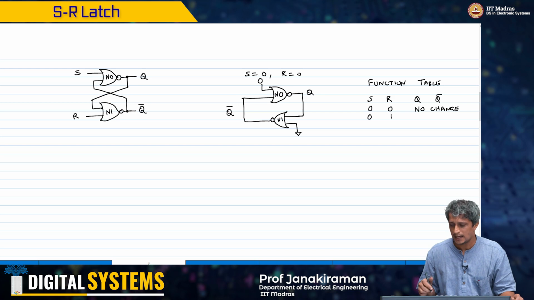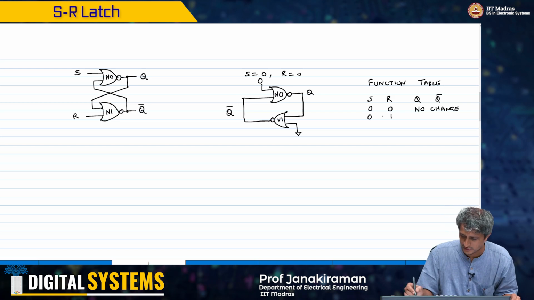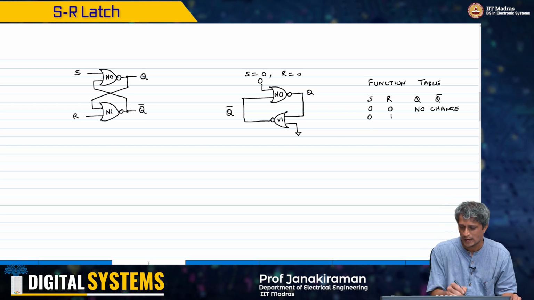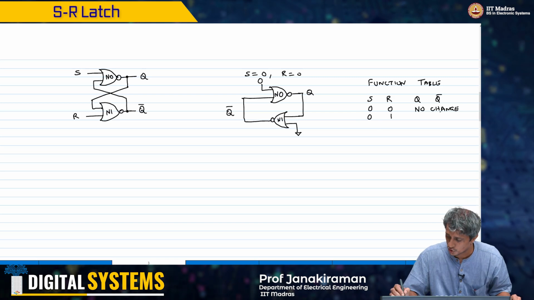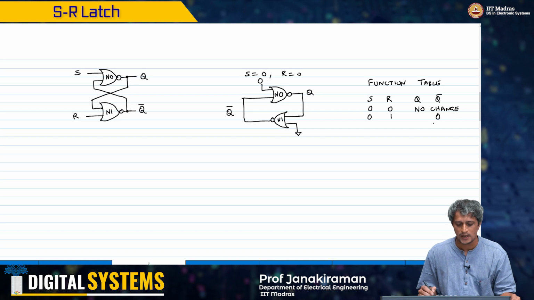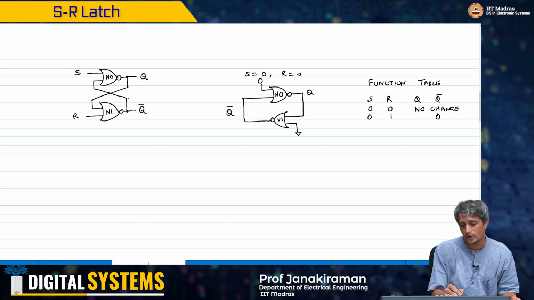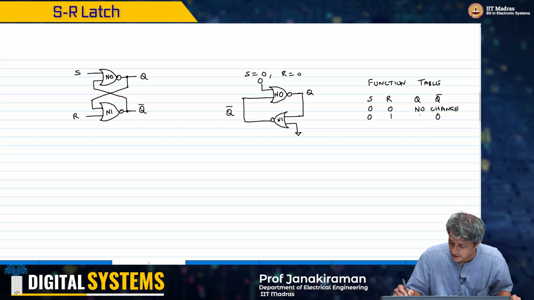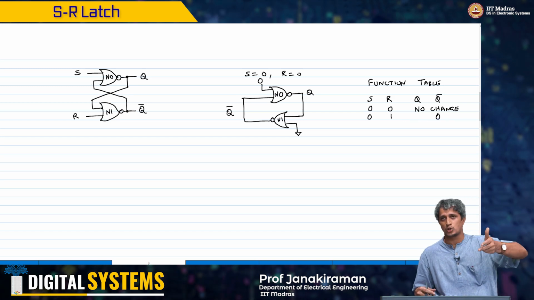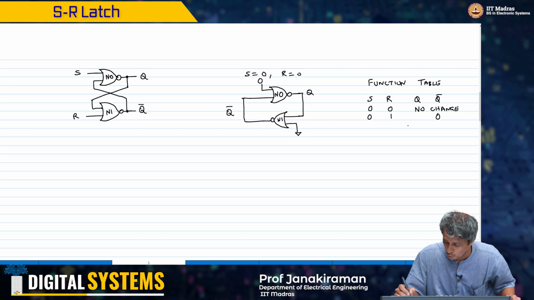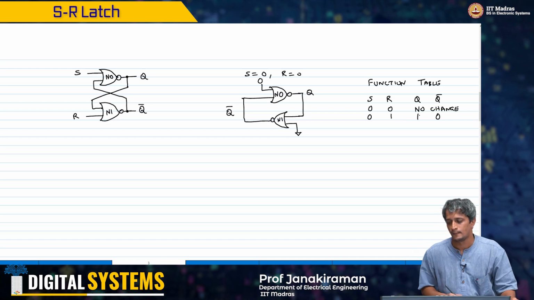So N1, whose input has gone to 1, Q bar has to go straight away to 0. And if that is 0, then you go up and S is now 0, Q bar is also 0, and therefore you will have Q going to 1.